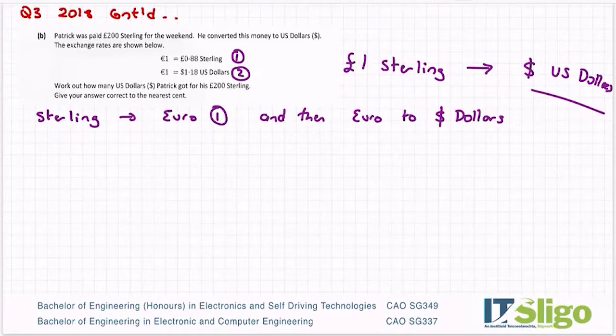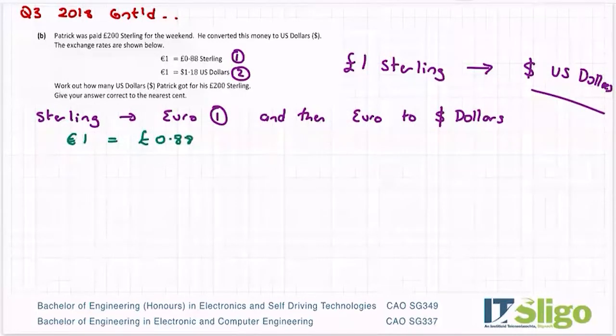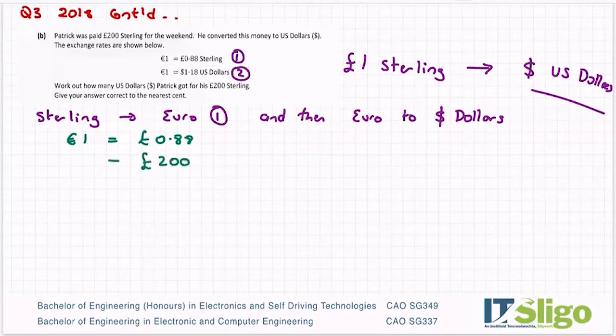There's an informal and a formal way of doing exchange rates. The formal way is to write down your exchange rate. So €1 equals 88 sterling. If it's sterling you're exchanging, like it is, put sterling under the sterling side, and we might just put x there for the equivalent euro for the sterling. What you end up doing then is a cross multiply.